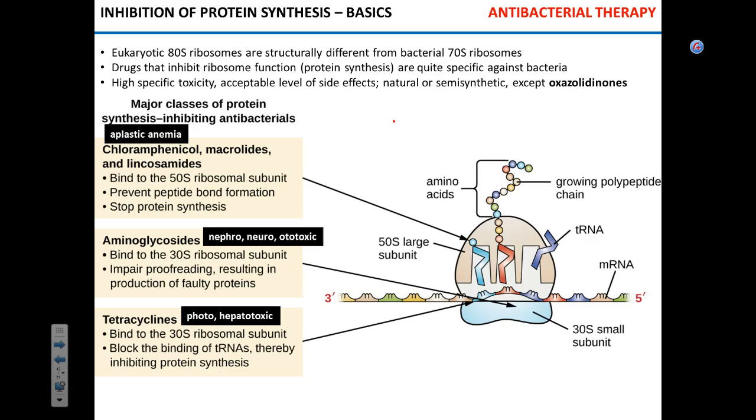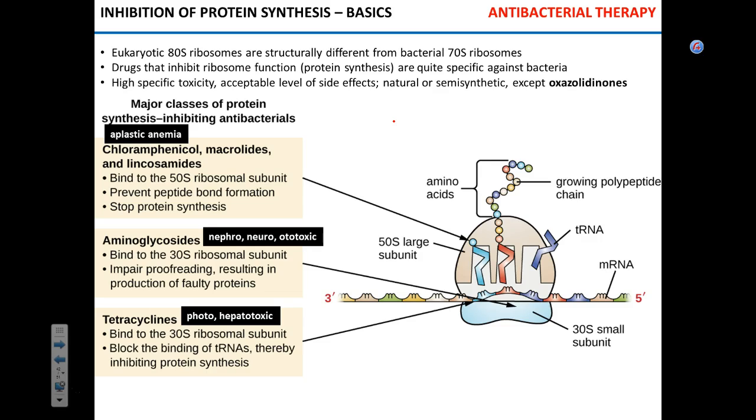Bacterial ribosomes and eukaryotic ribosomes are the same? Different. They are structurally different. And if things are structurally different, you can make specific inhibitors of one but not another. Does that make sense, that statement? It's a reasonable statement, right?